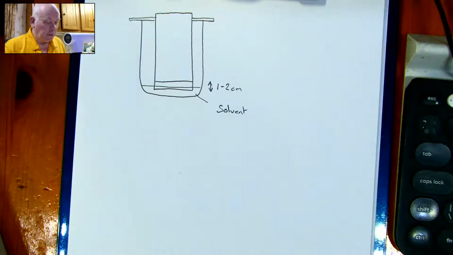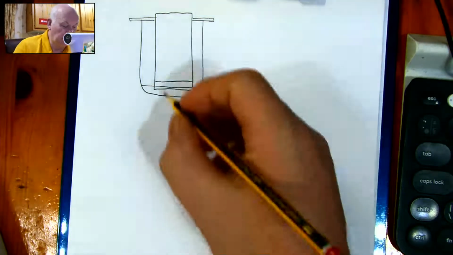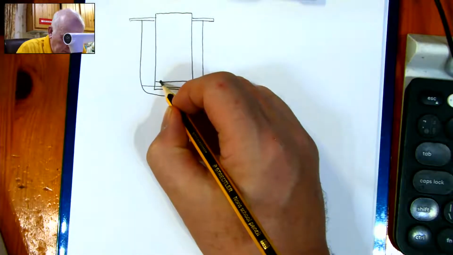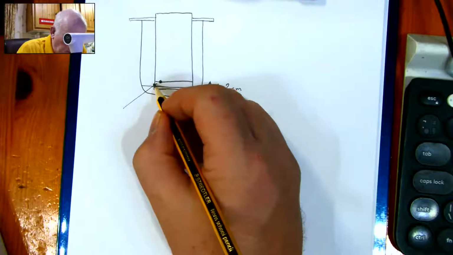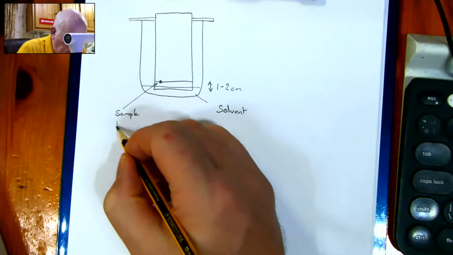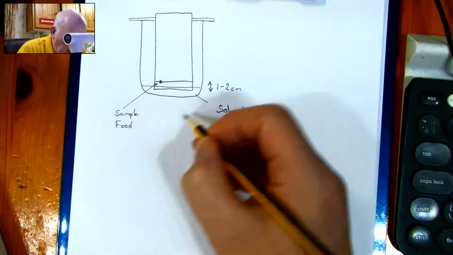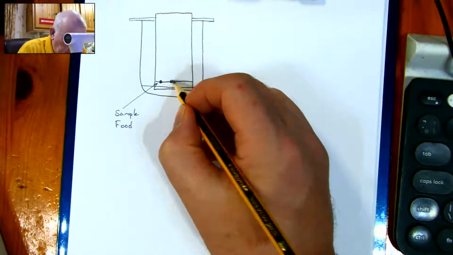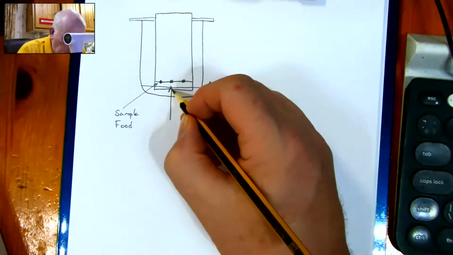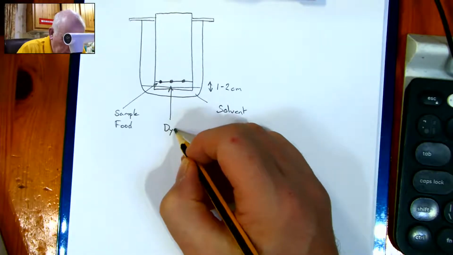So if we want to have a look and to see whether certain dyes are available in a particular food, I could take my food and put a drop of my sample in here. So this is going to be my sample of food. And I'm going to check it against 2 particular dyes that I want to check are in my food.